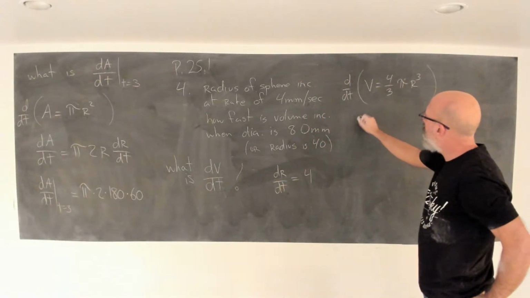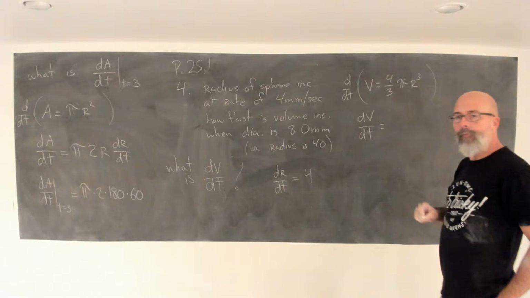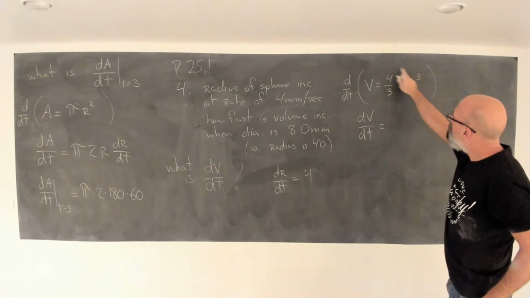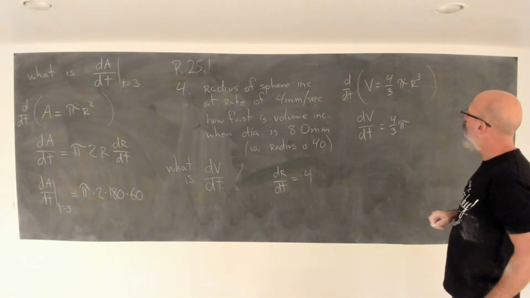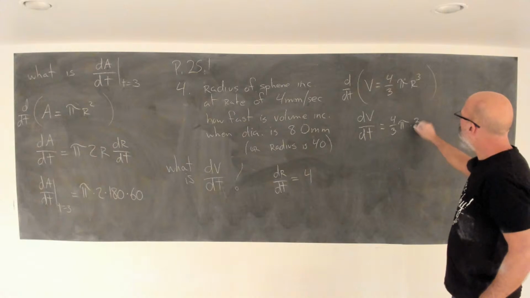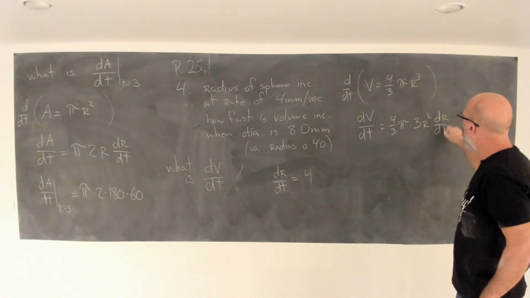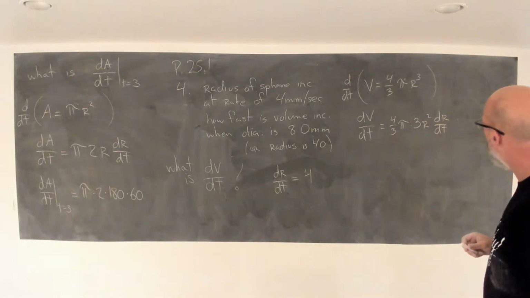The left-hand side will be dV/dt, exactly what you want. What about the right-hand side? This is just a constant, so leave that aside. The derivative of r cubed is 3r squared times the derivative of the inside, dr/dt. Chain rule, right? Always the chain rule.